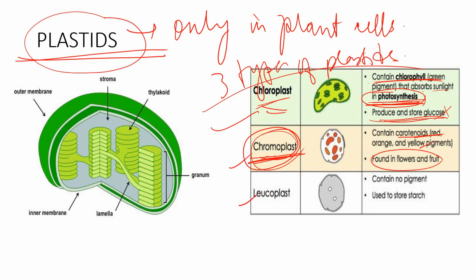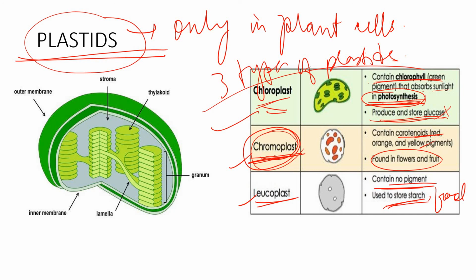Next is leucoplast. These are colorless and store food in the form of carbohydrates, proteins and fats. So leucoplast contains no pigment, it is colorless. These are basically used to store starch, like food storage.